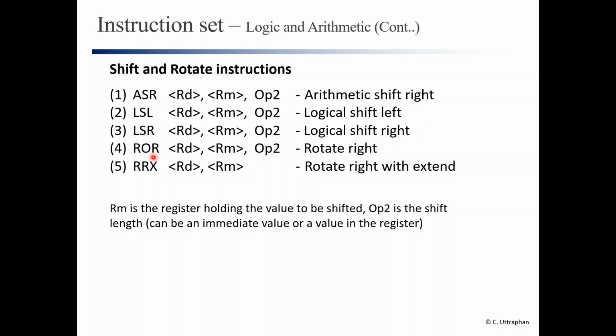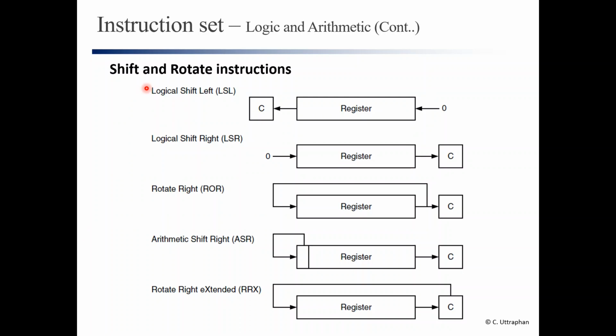Number 4, ROR, rotate right. And the last one, RRX, rotate right with extend. For all instructions, Rm will hold the value to be shifted, while Op2 is the shift length, or how many times the shift is performed. This illustrates how the operations are performed.